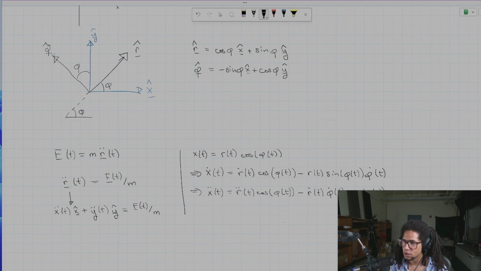So I will get, actually, it's going to be three parts this time. So I'll get minus r dot of t sine of phi of t, phi dot of t. Next, use the chain rule. That'll give me minus r of t cos phi of t, then phi dot of t squared. And lastly, I'll get minus r of t sine of phi of t, phi double dot of t. Wonderful.